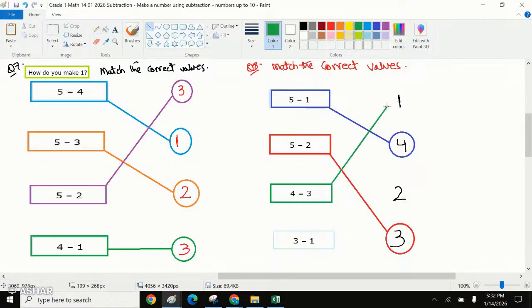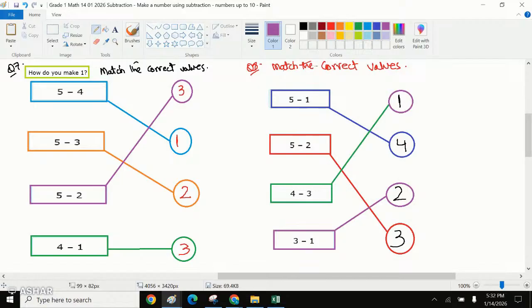So here is 1 and we connect the 1. We say that the answer for 4 minus 3 is 1. And automatically 3 minus 1 will be the last given value, right? 3 minus 1 would be equal to 2, because this is the only option that is left for us.